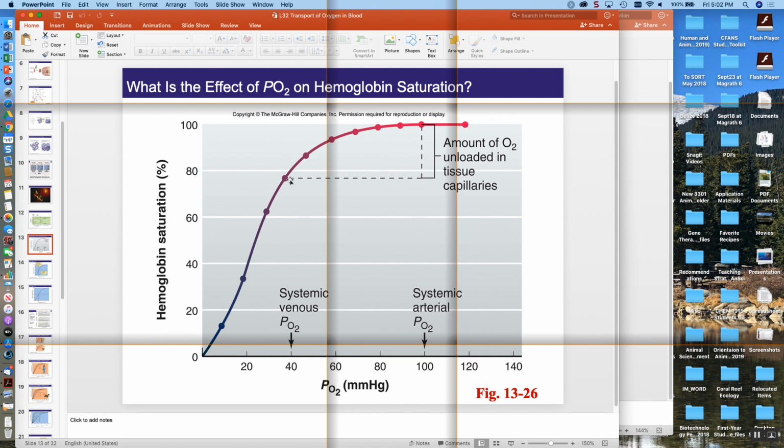Okay. So the take-home message here, I know we're over, is just remember these curves. This is called the Bohr effect. Anytime you have a shift to the right, you're facilitating the unloading of oxygen. It lowers the affinity of hemoglobin for oxygen, and it makes it easier for hemoglobin to give up oxygen.